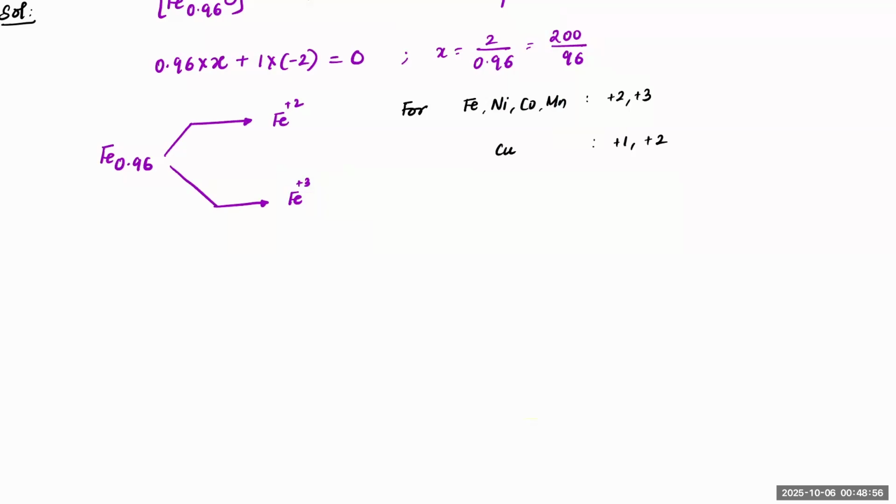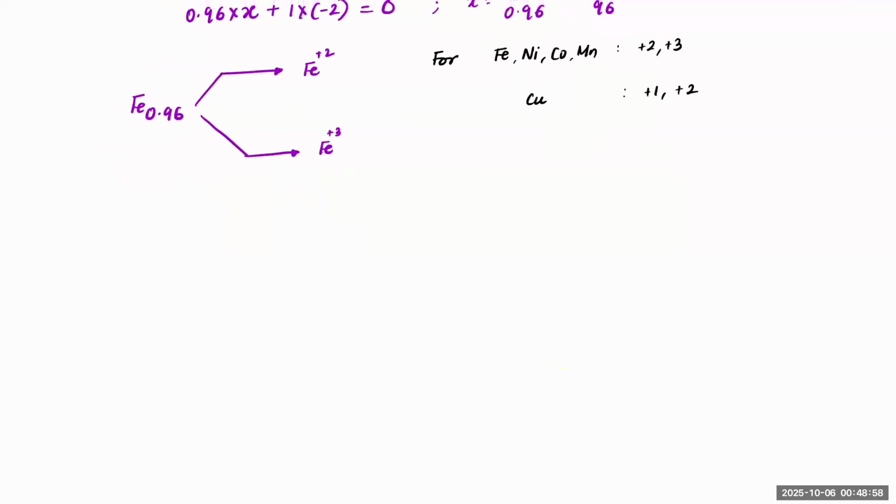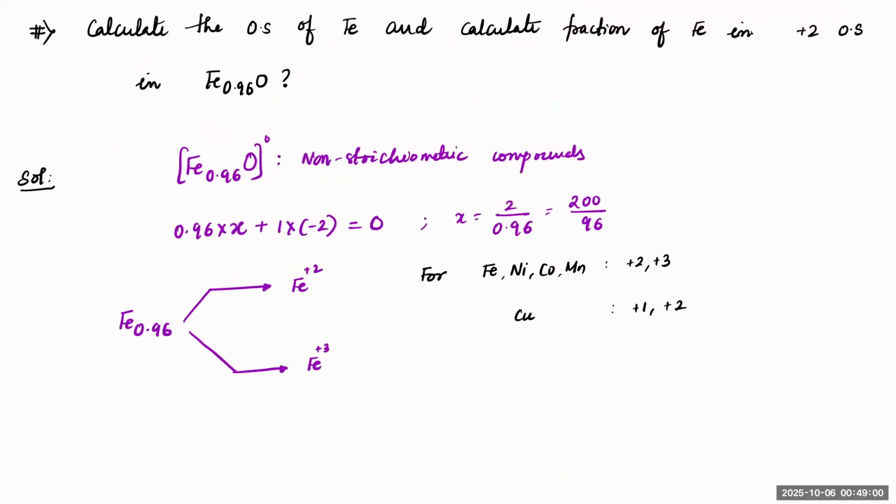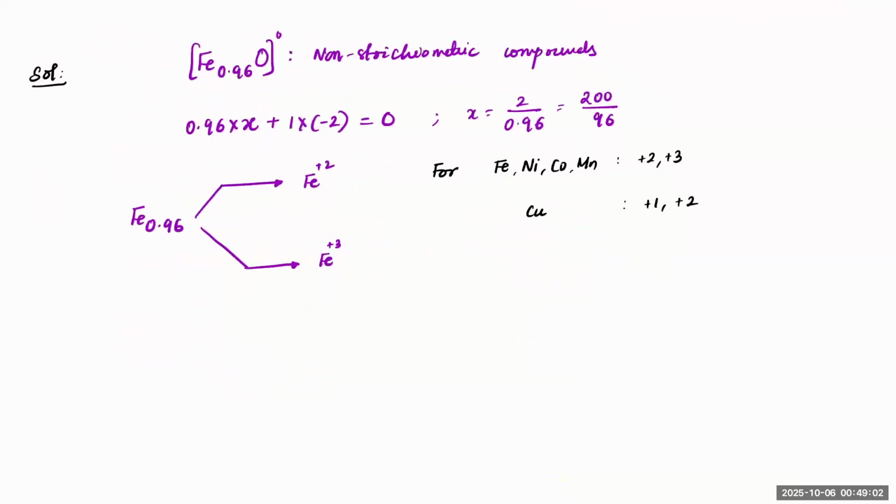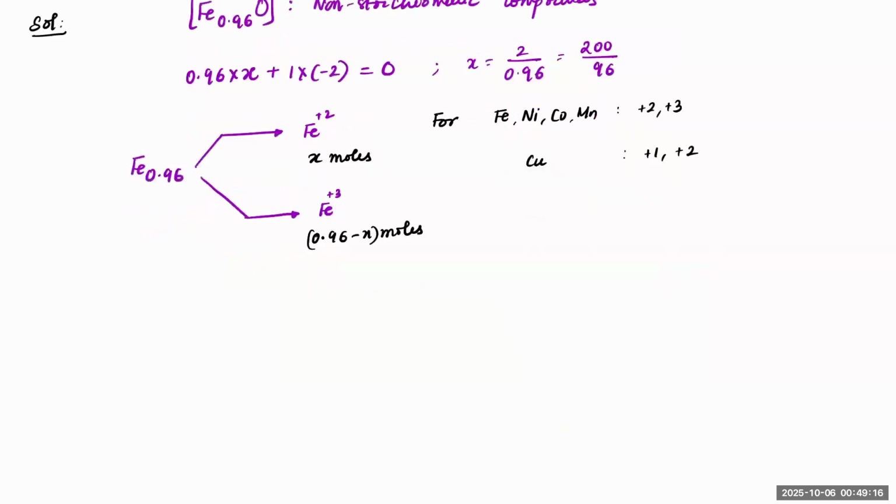Now, when it comes to iron, let us say our question was to find out plus 2. So let us calculate this. We have x moles of Fe plus 2. Then 0.96 minus x moles will be of Fe plus 3, correct?